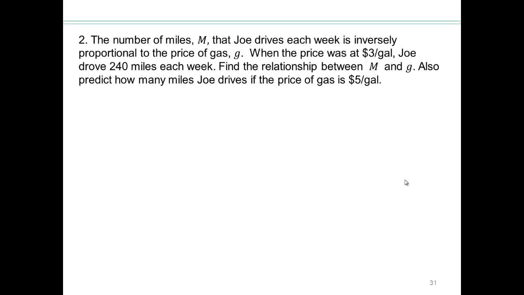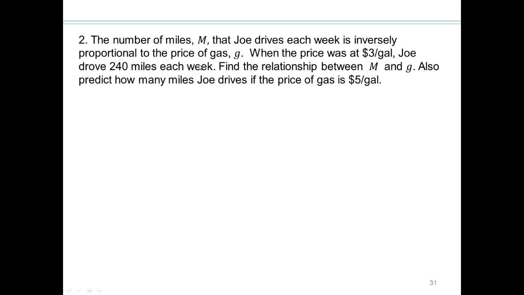The number of miles, M, that Joe drives each week is inversely proportional to the price of gas. What does that mean? That means that if M and G are related to each other, then M equals K over G, or M times G is a constant K. So when the price was $3 per gallon, Joe drove 240 miles each week.